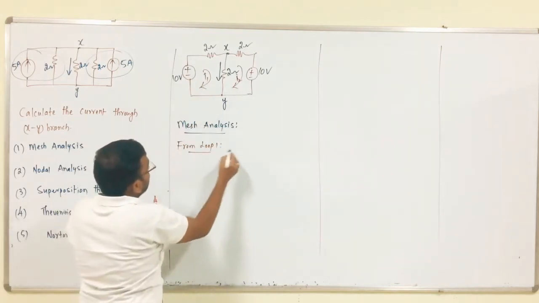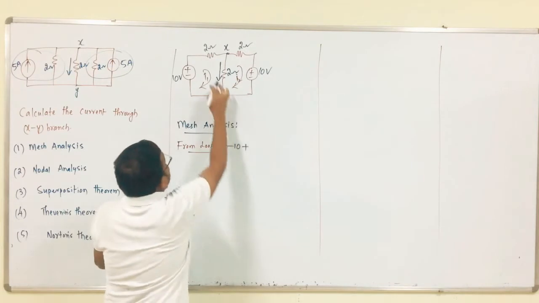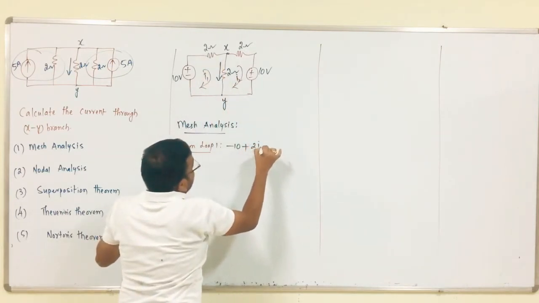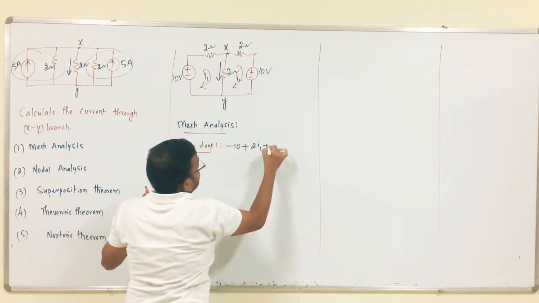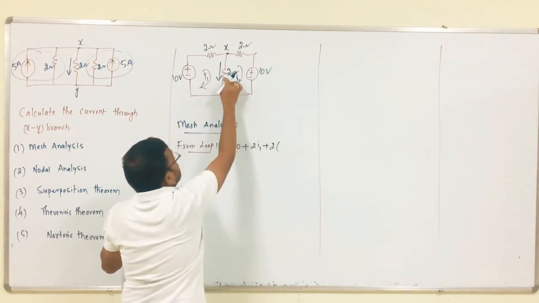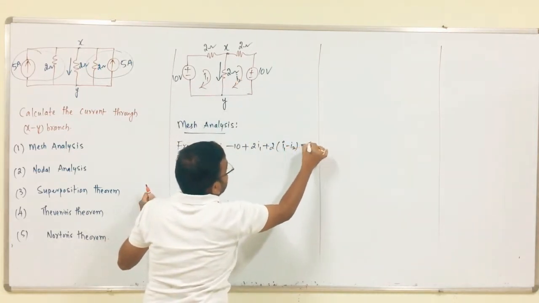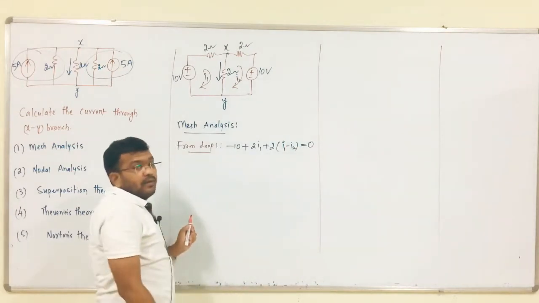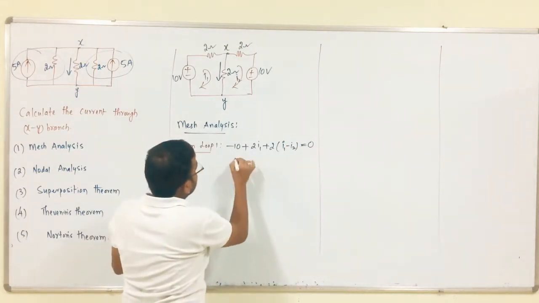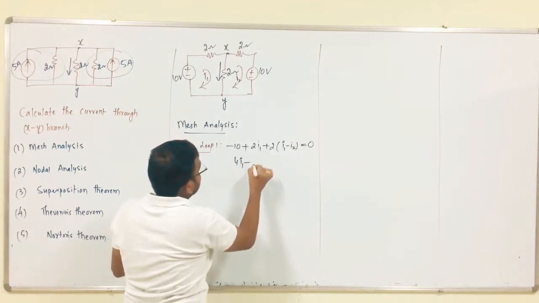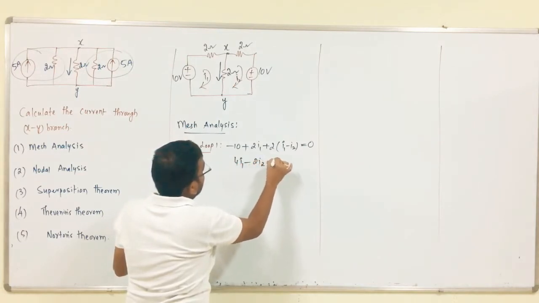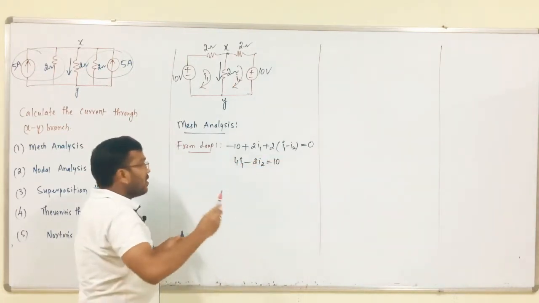Starting from here, minus 10 plus 2 into I1, again plus 2 into the current through this branch, which is I1 minus I2 with respect to loop 1, which is equal to 0. So, that is 4 I1 minus 2 I2 equals 10. This is from loop 1.